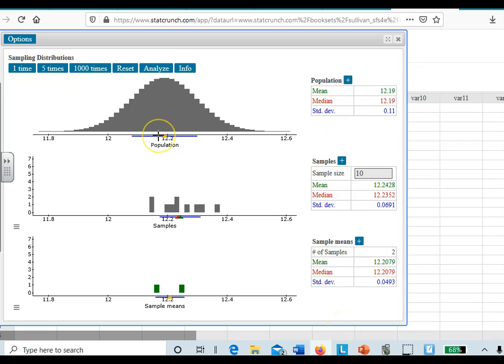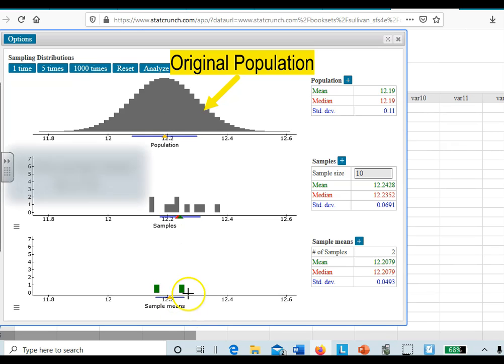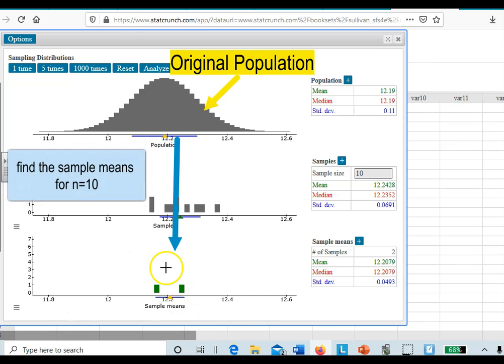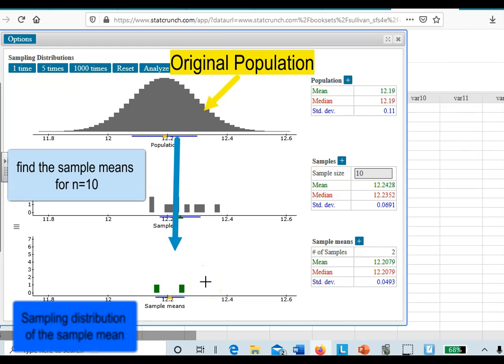And so if we did every possible one from here, if we took every possible sample of size 10, those would all live down here. Okay, we would take every possible sample of size 10, calculate the sample mean, and that would create this new distribution, which is what we're calling the sampling distribution.